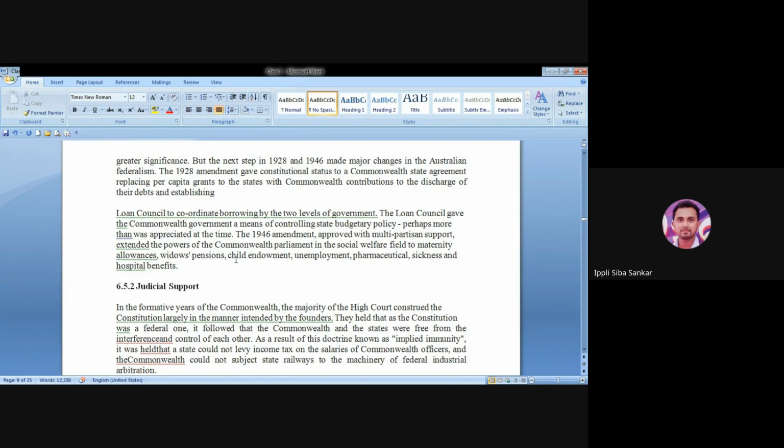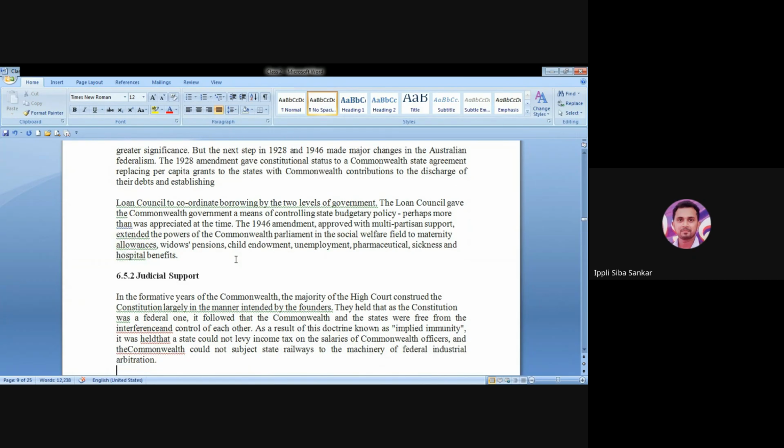In 1946, an amendment approved with multi-party support extended the power of the Commonwealth Parliament in the social welfare field on maternity allowances, widows' pensions, child endowment, unemployment, pharmaceuticals, sickness, and hospital benefits.